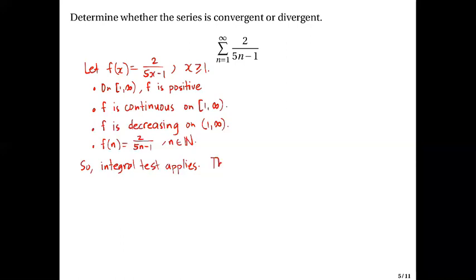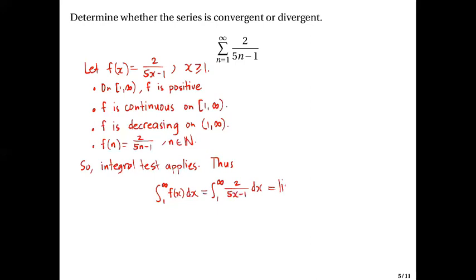We look at the improper integral from 1 up to plus infinity of f of x dx. This is equal to the integral from 1 up to plus infinity of 2 over 5x minus 1 dx.